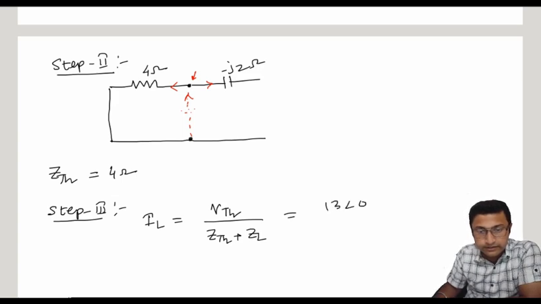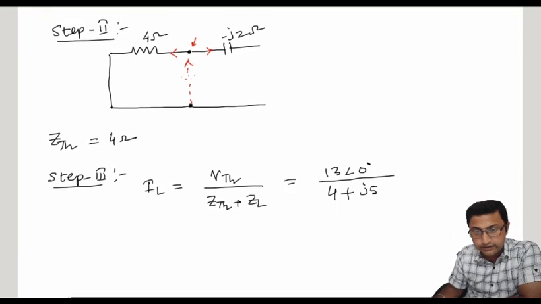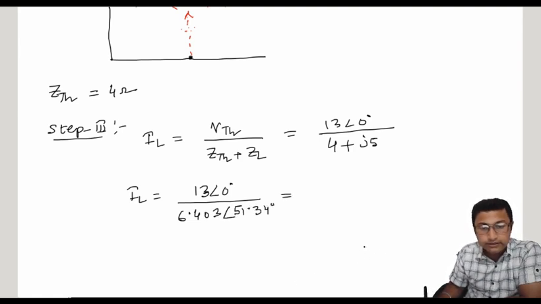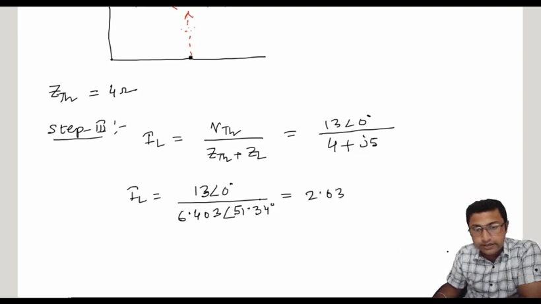So it is 13 at an angle 0 divided by 4 plus j5. If I calculate, 4 plus j5 is 6.403 at an angle 51.34 degree. So again the value will be, the magnitude divided by magnitude, that is 2.03, and the angle will be subtracted because this is a division case.